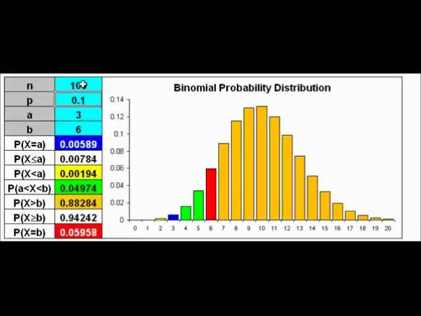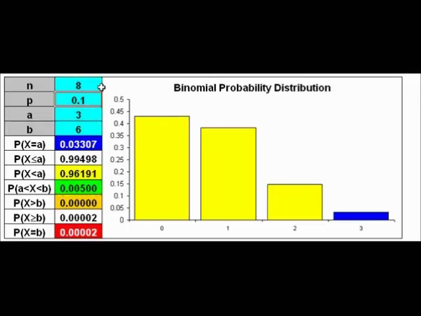So let me go back to a smaller sample size of, let's go to 8. Again, that looks pretty skewed. Now instead of changing the sample size, I'm going to change the probability of success, and I want to raise that up to 0.2. You can see the same kind of progression starting here.